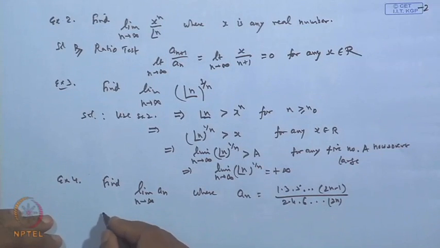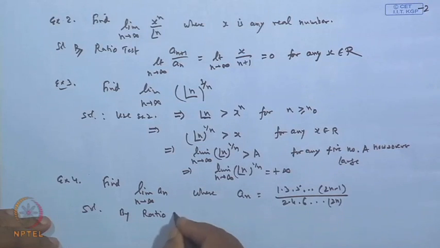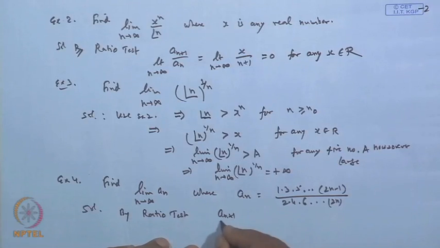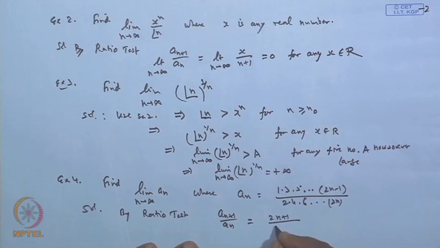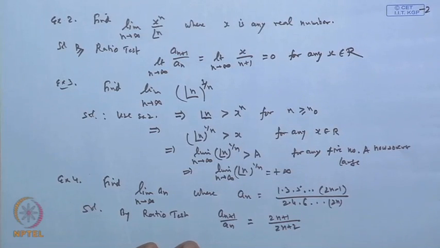So, apply the ratio test: a n plus 1 over a n. This comes out to be what? 2n plus 1 over 2n plus 2.